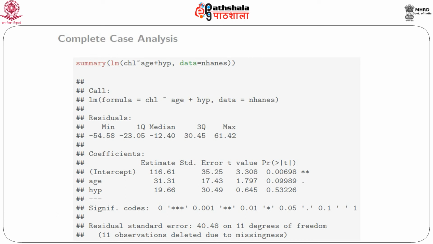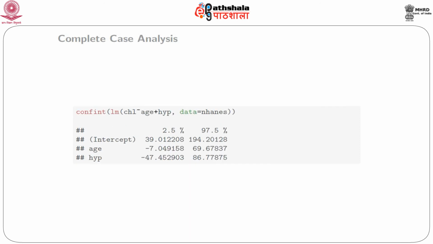We run the lm command and print out the summary, and we see that age has an effect and the intercept is significant. Age can also be treated as significant if we take the cutoff p value at less than 0.1, but hypertension is not. We can get the confidence intervals by using the confint function, for the intercept, for age and for hypertension.